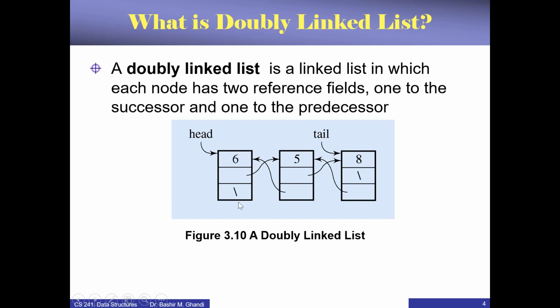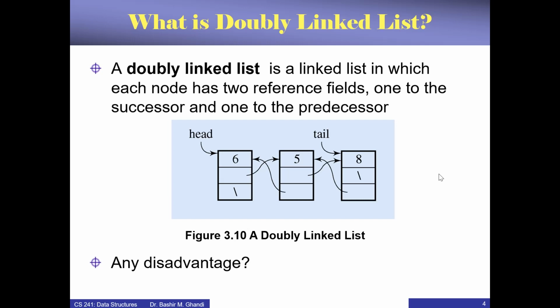So each node, in addition to the data element, will have not just a next reference but also a prev reference. Of course, the first node has no prev, so usually its prev reference will be null, just like the last node has no next, so its next reference will be null. But otherwise, most nodes will have two references, one to the successor and one to the predecessor node. Okay, so this is the idea of doubly linked list.